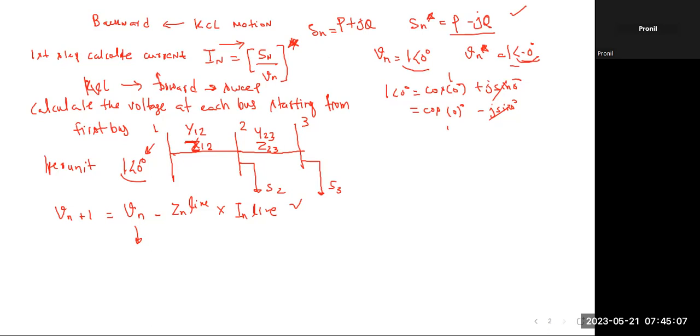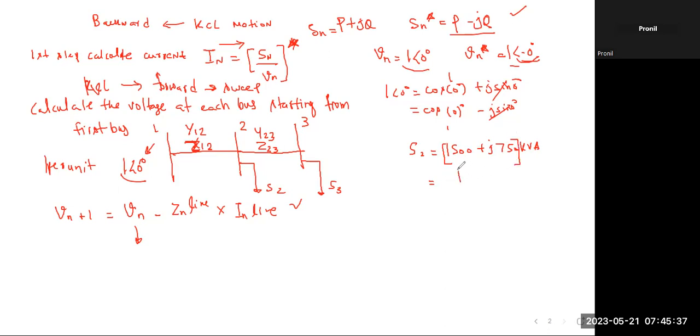Now, on the same grounds, this thing he has mentioned here, the first bus is the slack bus. If you look at the problem wherein he's mentioning the values, the S2 value is equal to 1500 plus j750 kVA.